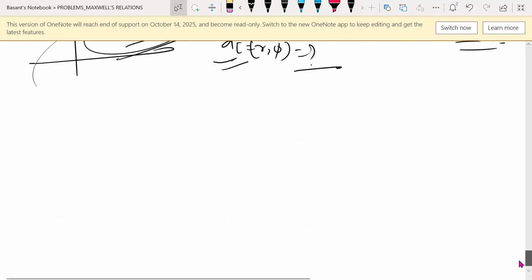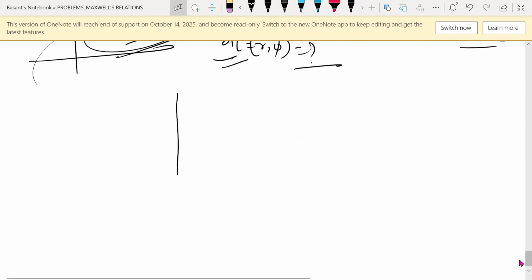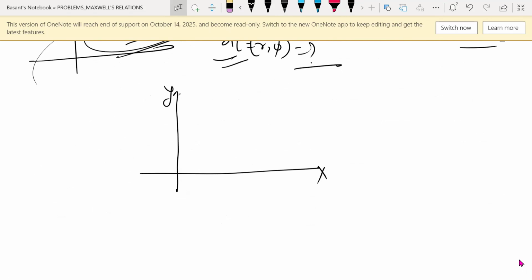So for this, you take a plane, xy plane, here, and take a point P, radial vector is r, and this point P is written as r, phi.